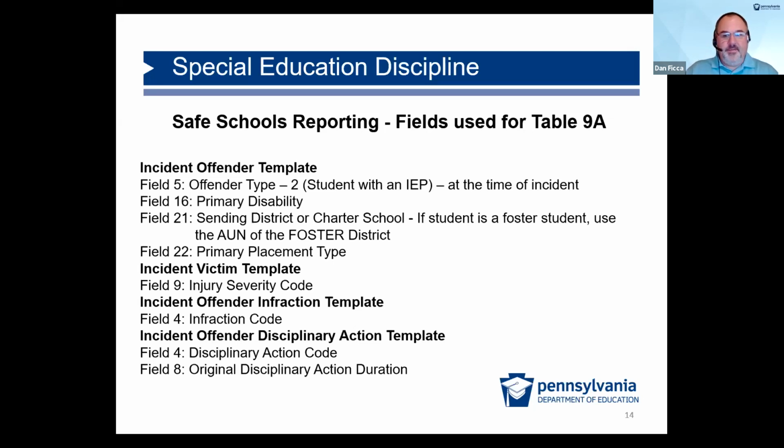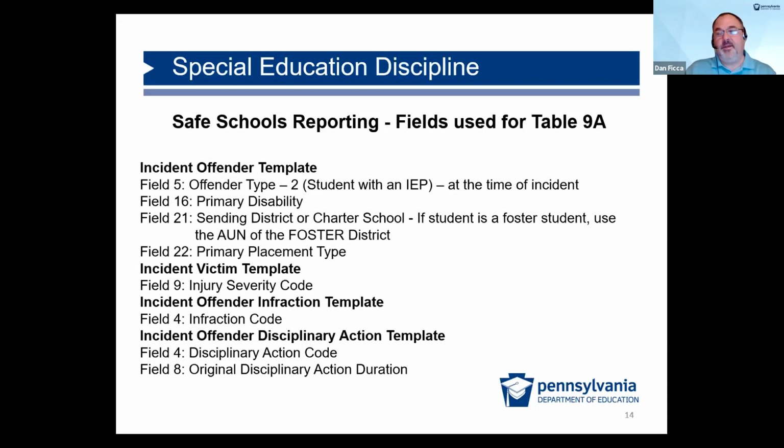I have 379 students with IEP reported in Safe Schools and 373 in table 9A. Are these the same students, or should I be looking into it? If you have your 9A in a spreadsheet, and you run that Cognos report, it will run it by student. And you just do a quick comparison between those two spreadsheets, and you'll know right away which students are missing.